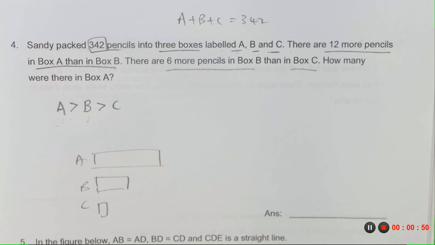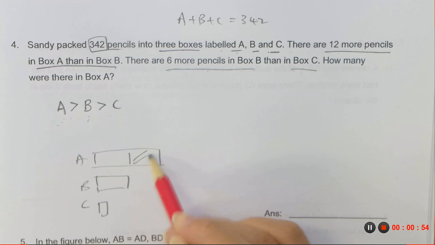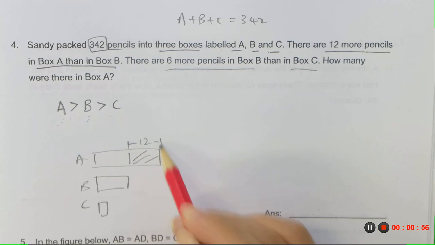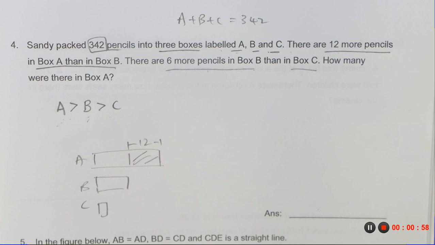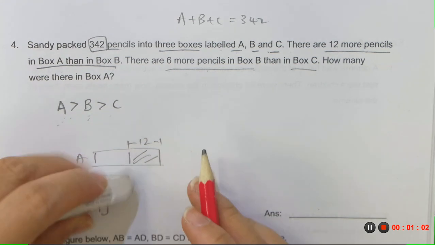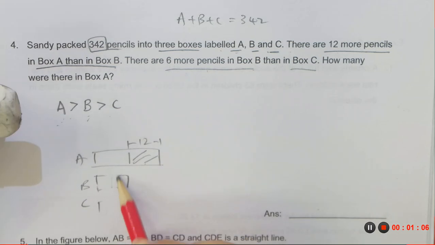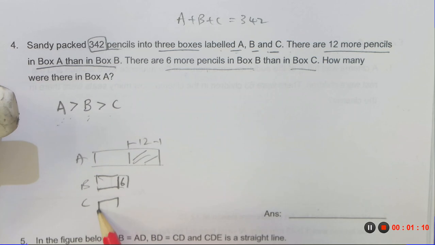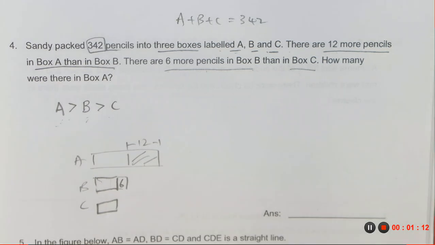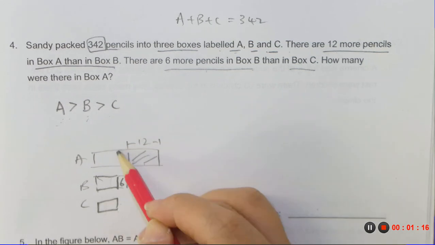So A is more than B by 12. And B is more than C. So it's about half of this size, okay? Maybe like this. Be more accurate with my drawing. Okay, so B is longer than C by 6. So in other words, I can put 6 here as well.